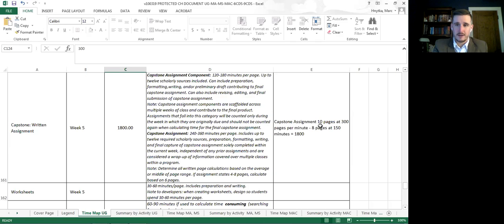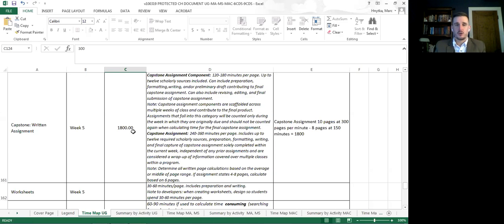So in our case, the 10 pages at 300 minutes per page would give us actually 3,000 minutes. But since we had 8 pages that were previously completed towards this project in weeks 1 through 4, and those were completed at a rate of 150 minutes per page, we subtract that. So that's 1,200 minutes. So 3,000 minus 1,200 gives us 1,800.